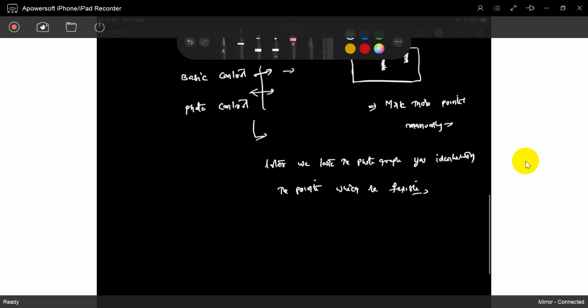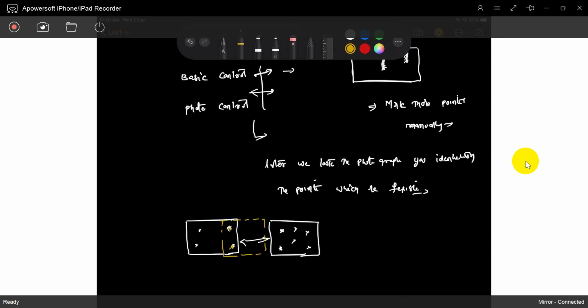In the photograph you can identify any points, that is your choice. Certain points you feel are good. In the second photograph also you can put certain points. Based on that, you can attach those photographs, exactly matching these points, and assemble them.